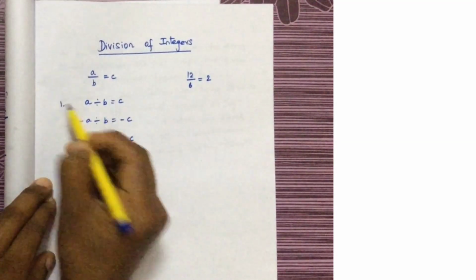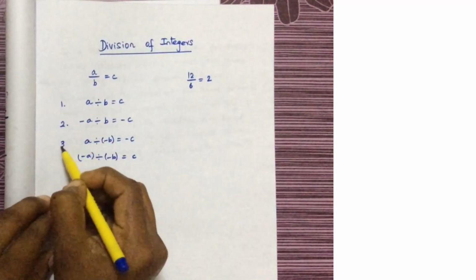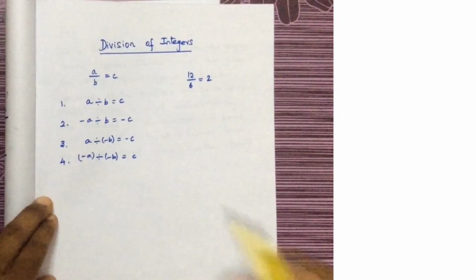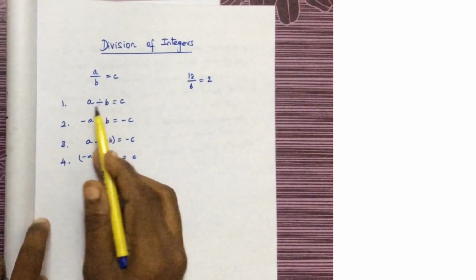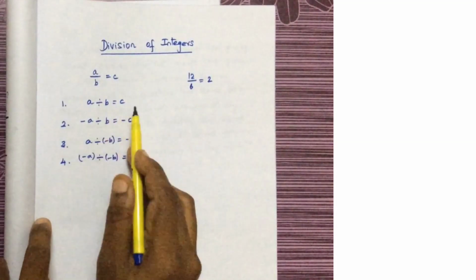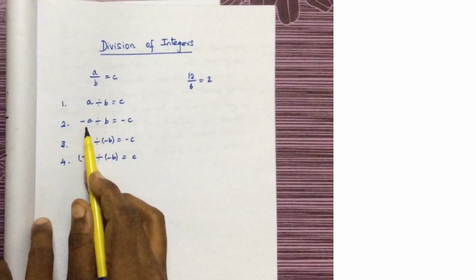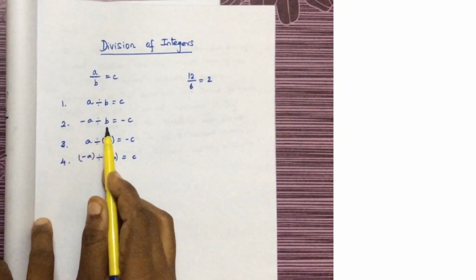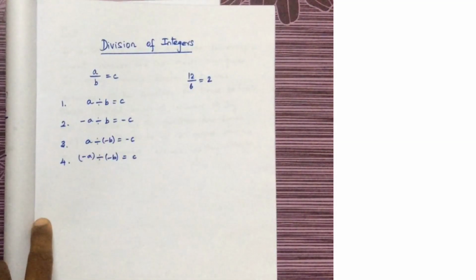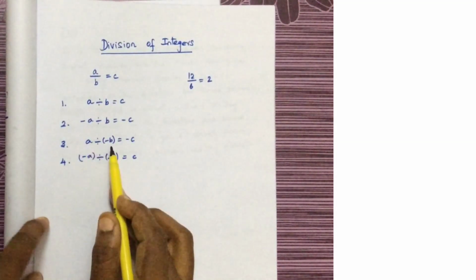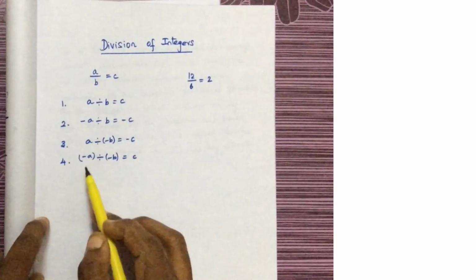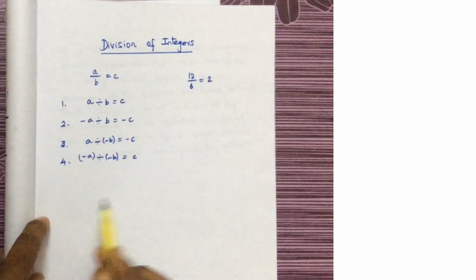So there are 4 cases, 1, 2, 3 and 4. Here a and b both are positive and c is positive. Here a is negative and b is positive and c is negative. Here a is positive, b is negative and c is negative. Here both are negative, c is positive.